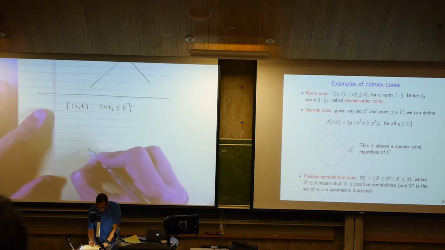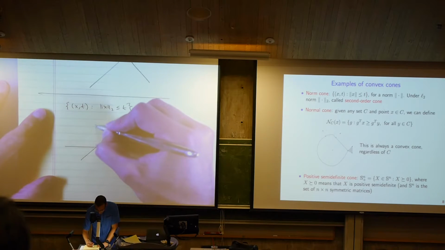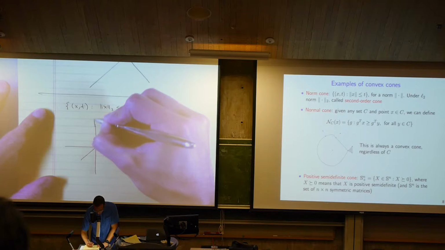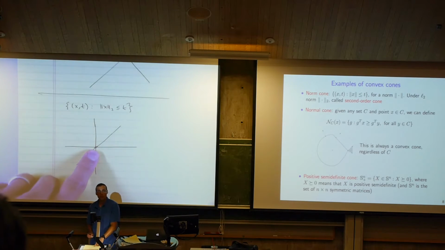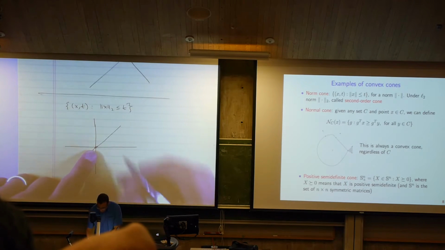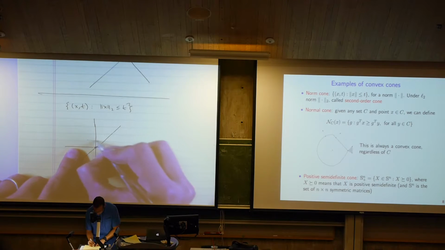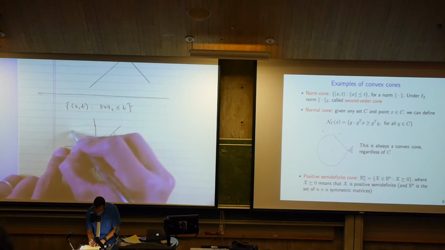Let's just draw it where x is two-dimensional. When t is 0, the only point in this convex cone is 0, right? It's the only point that satisfies this when t is 0. As t gets bigger, we allow bigger and bigger concentric circles.